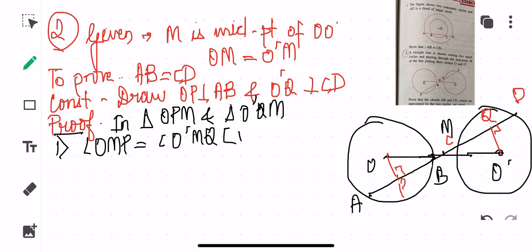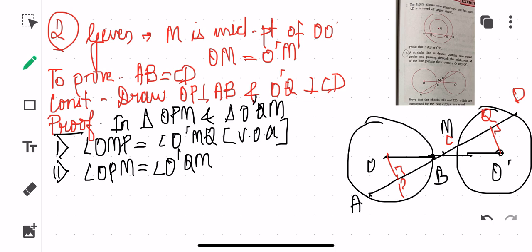And what is the reason, children? Of course, they are vertically opposite angles. Then the second thing is that you have been given that angle OPM is equal to angle O dash QM is equal to 90 degrees. Okay, and the third one is what, children? What is the third thing that you can use?